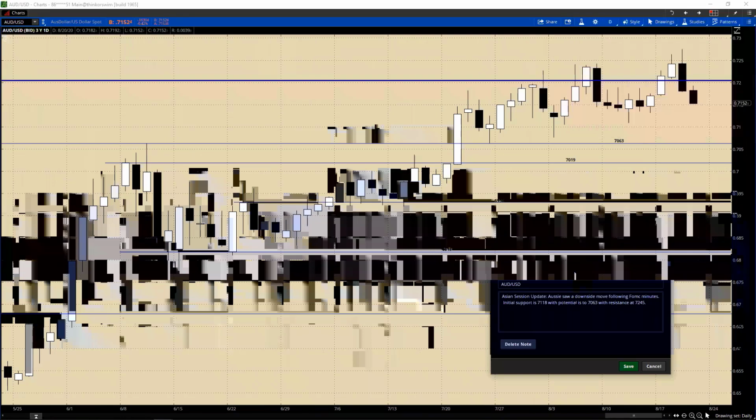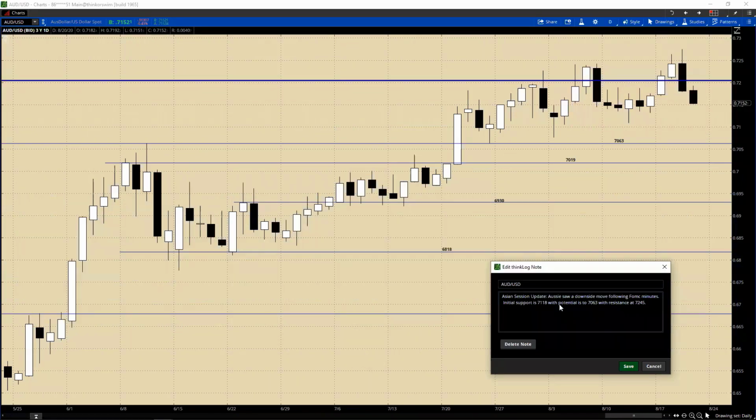So the Aussie saw a downside move following the FOMC minutes. Initial support is going to be 71.18 with a potential move to 70.63. You can see the 70.63 down here. And resistance will be 72.45.